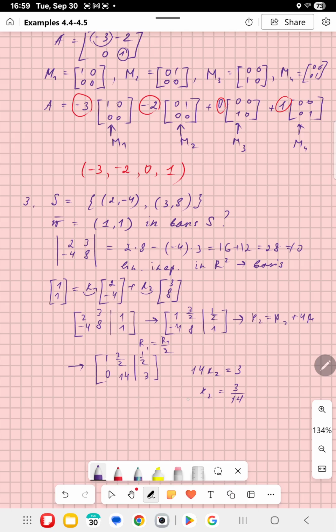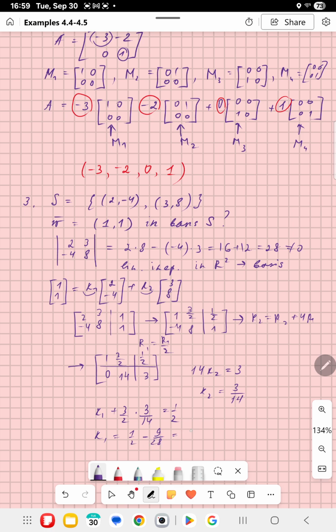So now we need to find K1. From the first equation, K1 plus 3 over 2 K2 equals 1 half. Well, one more weird number. K1 equals 1 over 2 minus 9 over 28. Kind of weird, right?